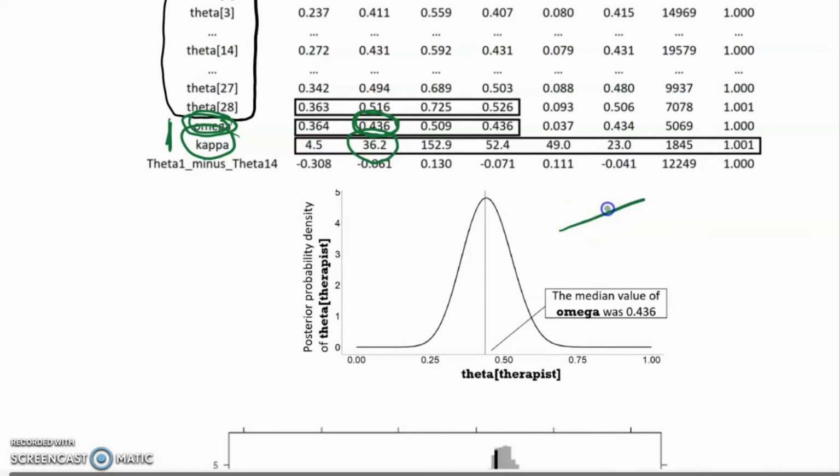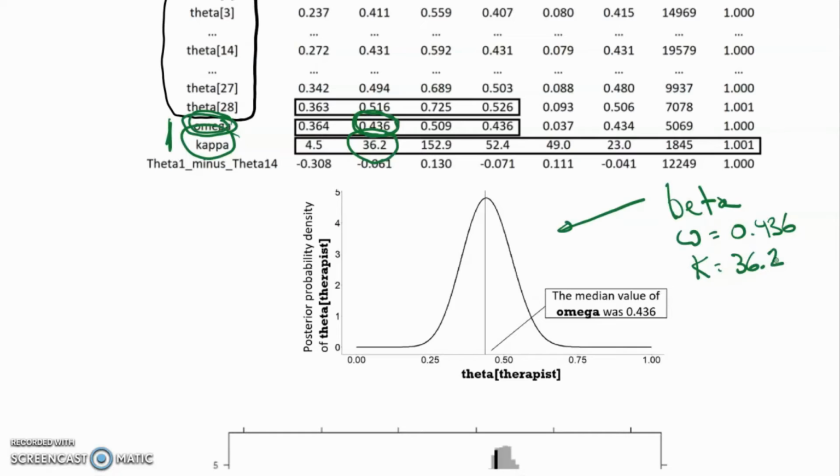So what I've done here is drawn a beta distribution with omega equal to 0.436 and kappa equal to 36.2. This isn't necessarily a figure that the scientist is going to put in their publication, but it helps give some clarity in terms of why this value of omega is going to be so important.